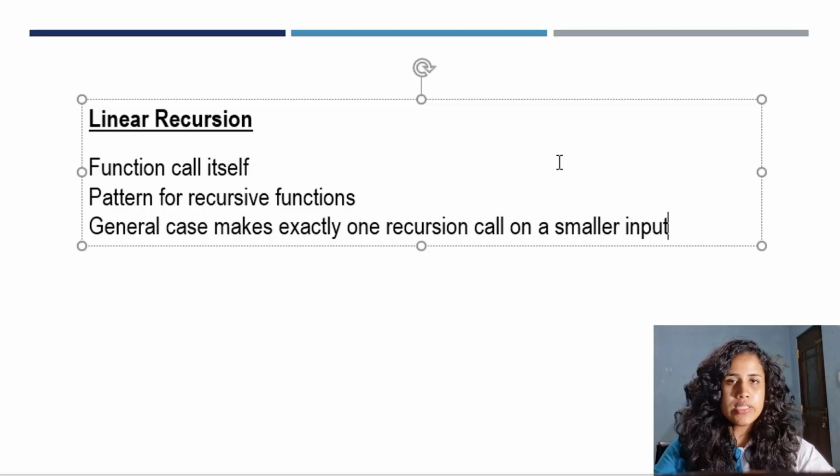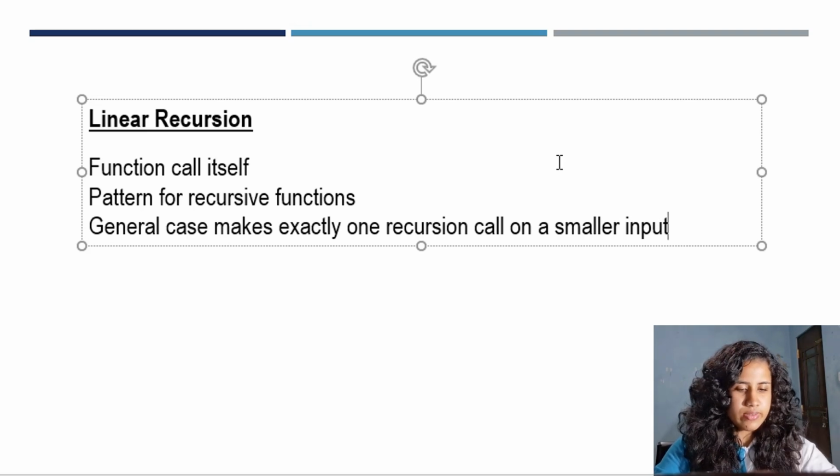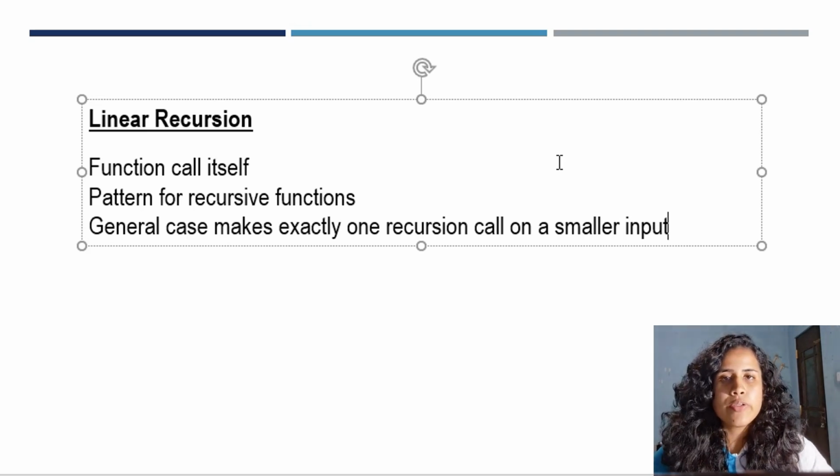Now we'll talk about linear recursion. In linear recursion, the function calls itself. As we previously discussed, head recursion and tail recursion are examples of linear recursion, which is the common way of doing recursion.